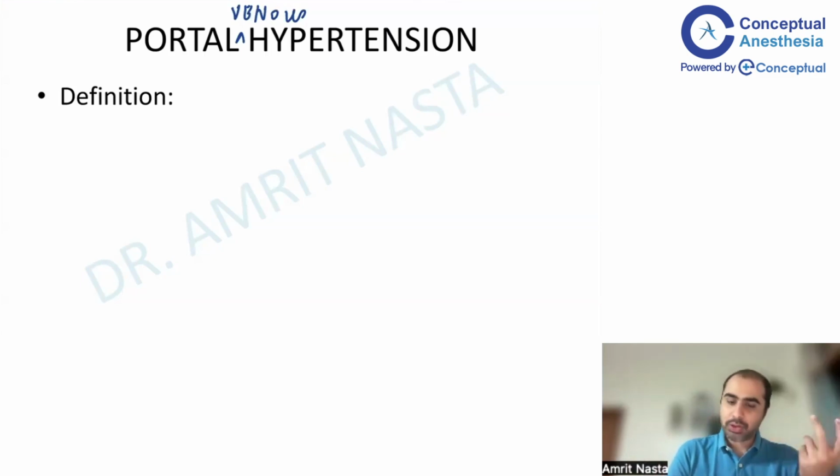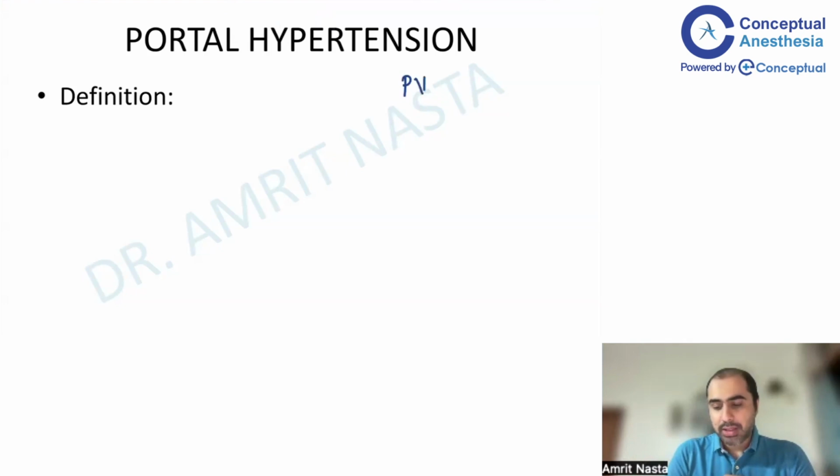So yes, in veins also you can get hypertension, but the basic difference, you should ask yourself, how is portal hypertension or portal venous hypertension different from an arterial hypertension like pulmonary artery hypertension? How are they any different? So one basic logic you need to know.